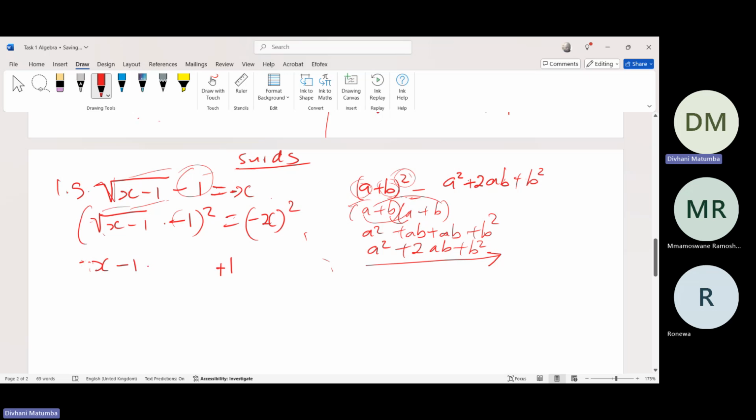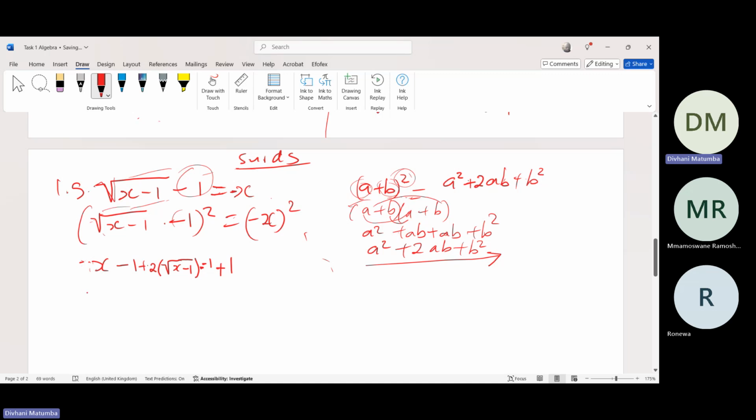What is going to be in the middle will be plus 2 into the square root of x minus 1 times minus 1.